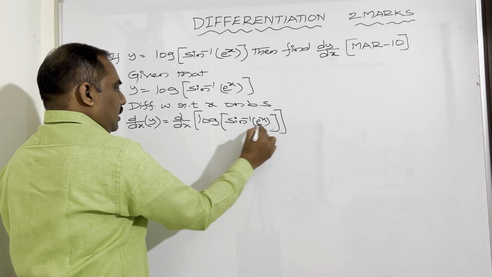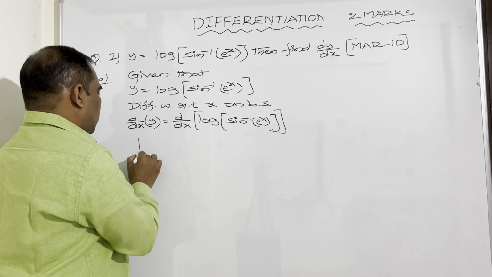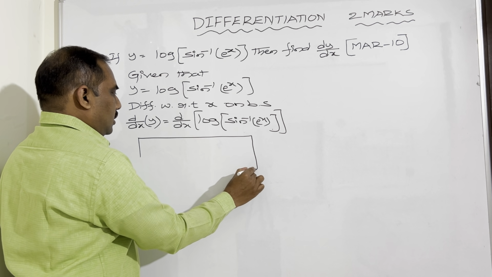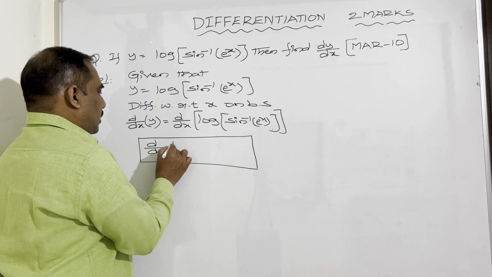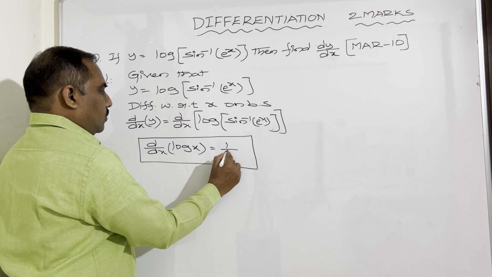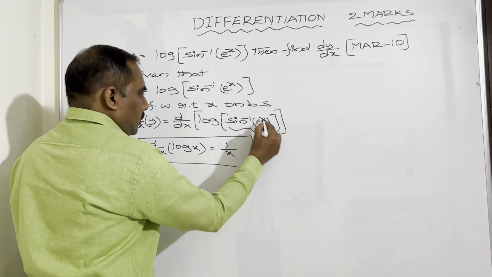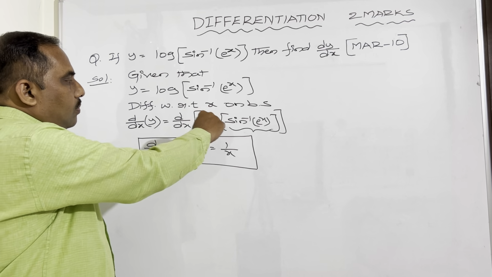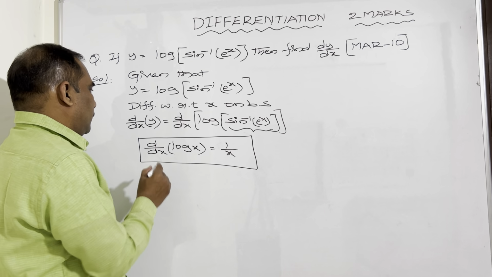So now if you see in the right hand side, which is in the form of log x, we know that the derivative of log x, d by dx of log x, is equal to 1 by x. Now what is x here? Sine inverse of e to the power of x completely, if you consider it as x.